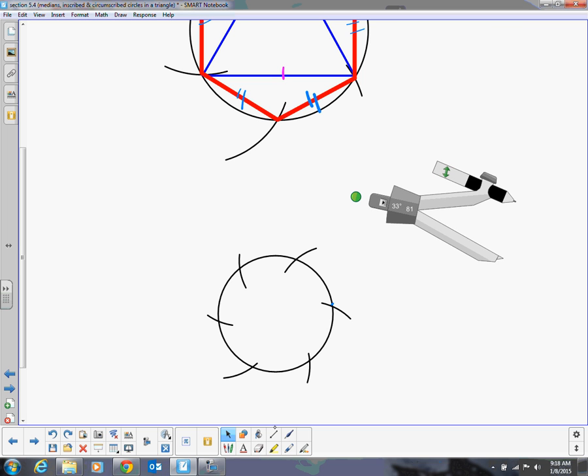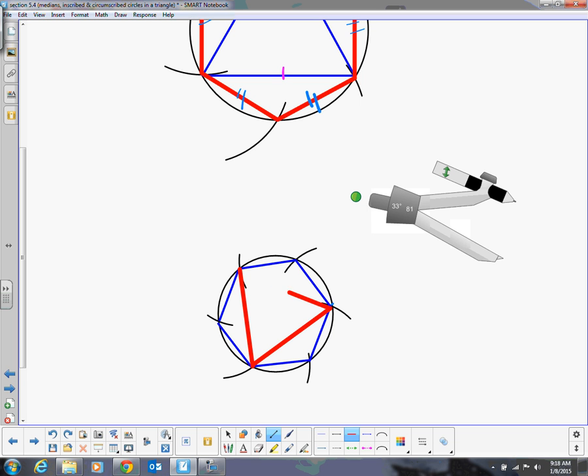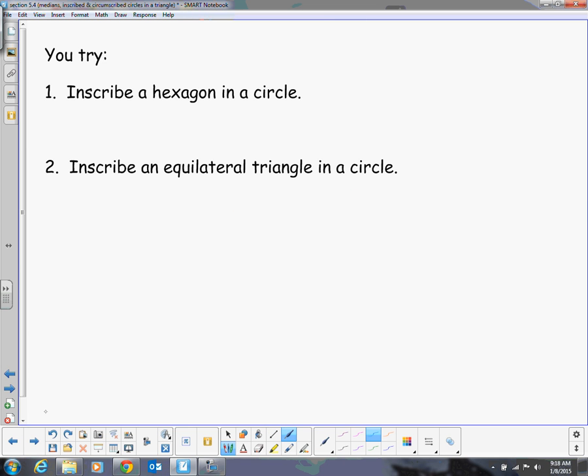All right, so now if you want the hexagon, you connect every one of these arcs. Make sure you mark the sides congruent. And then if you want the triangle, you're going to do every other one. All right.